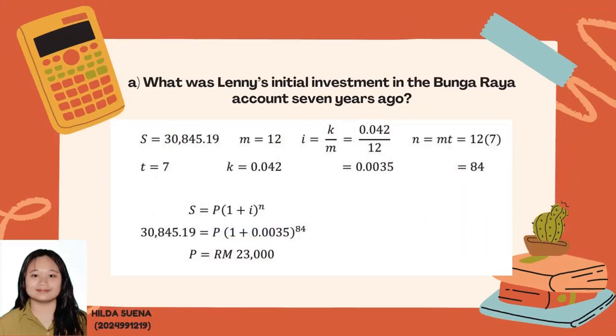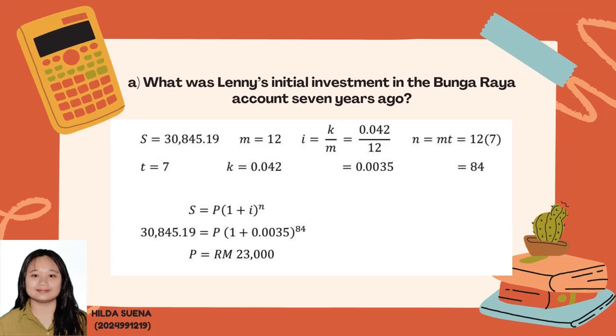Hello there. Now I'm going to explain compound interest question 1a. In this question, we are asking what was Lenny's initial investment in the Bunga Raya account 7 years ago. To answer this question, we're going to use formula S. Value S is given by S equals P multiplied by (1 + i) to the power of n.